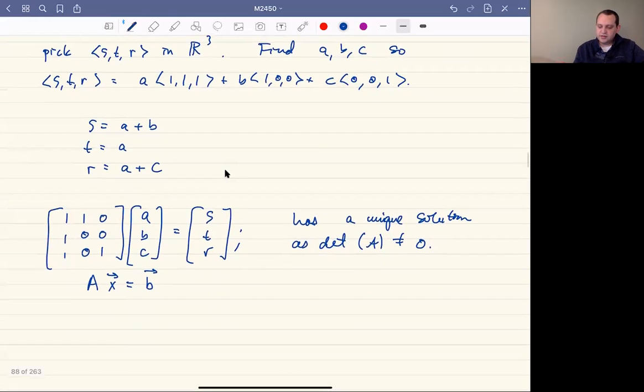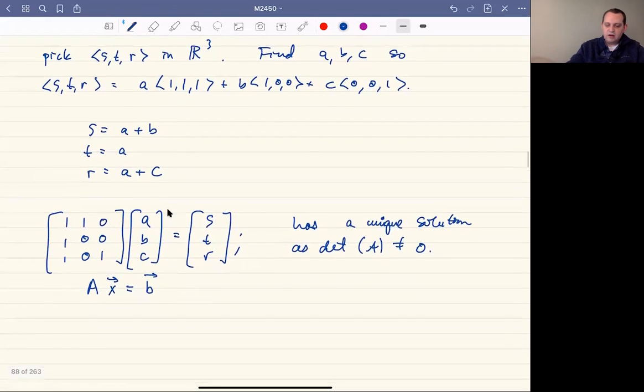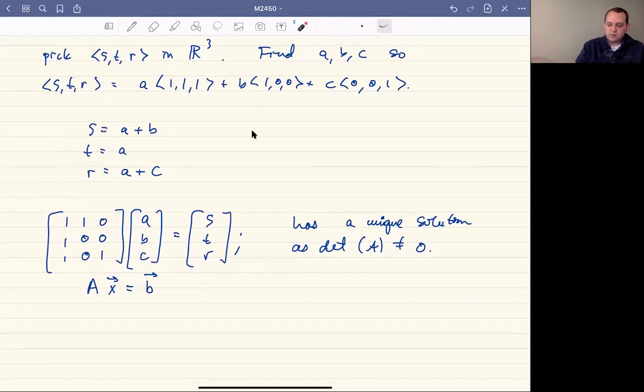So this has a unique solution because the determinant of the matrix is non-zero, and if the determinant's non-zero, the system will have a unique solution. That's one of the things that we talked about with determinants. That turns out to be very useful here because it means that these three vectors span all of R3. So we can write any arbitrary vector in R3 as a unique linear combination of these three vectors, (1, 1, 1), (1, 0, 0), and (0, 0, 1).